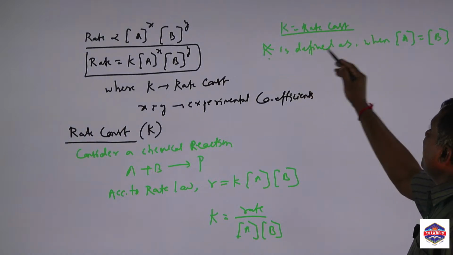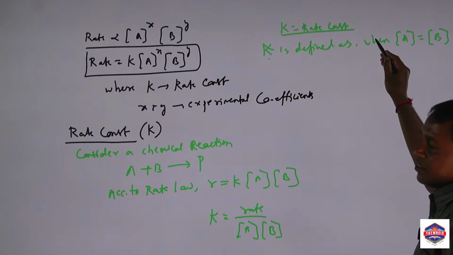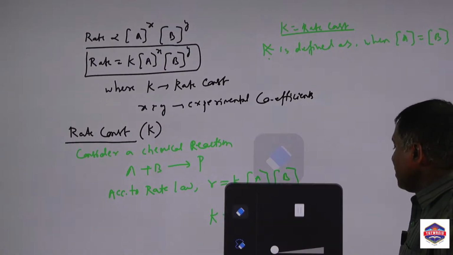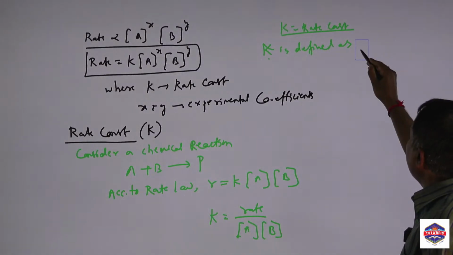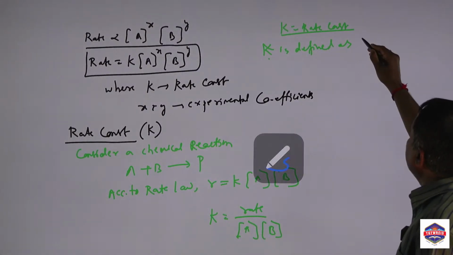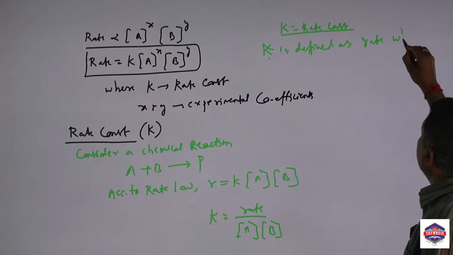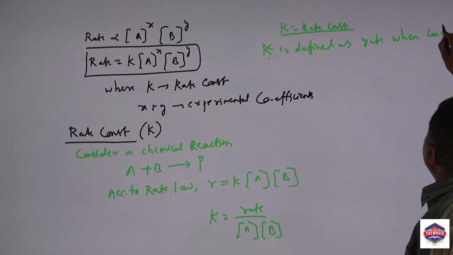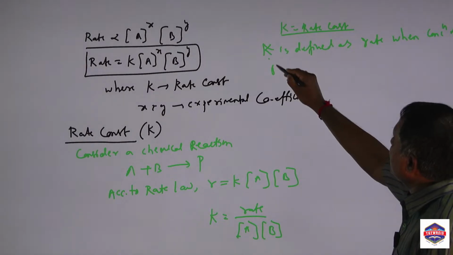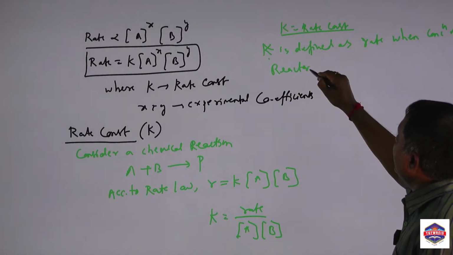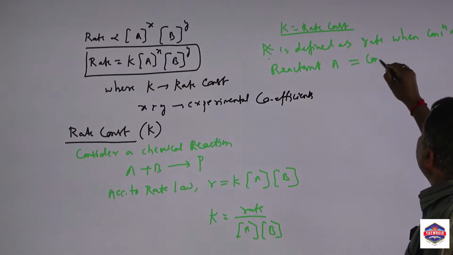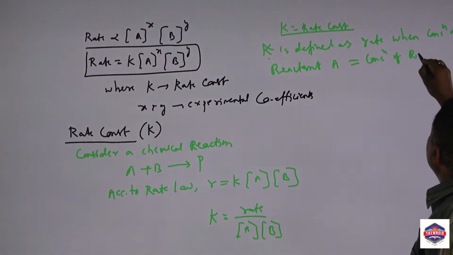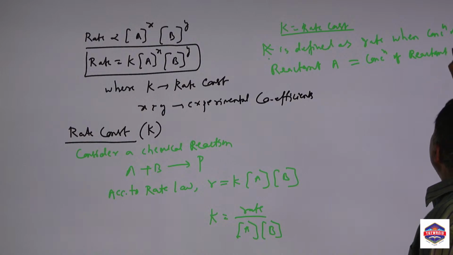So k is defined as rate when concentration of reactant A is equal to concentration of reactant B, equal to 1 or unity.